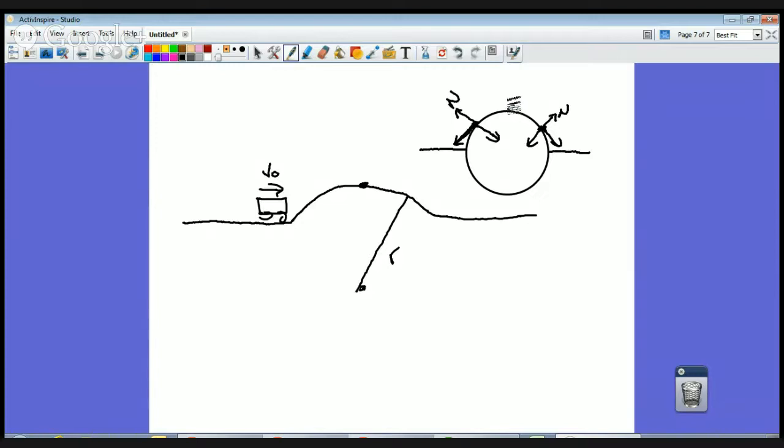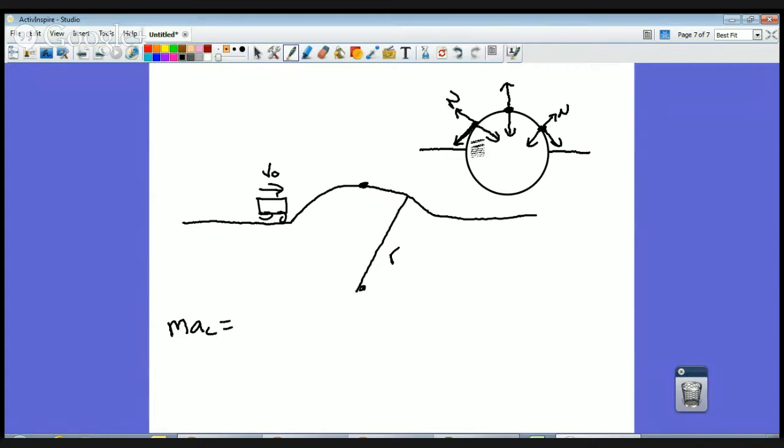But right here at the top, gravity goes straight down, right? It does not go in the direction of the road at all. And the normal force goes straight up. So you have no force tangent to the circle. So there is no tangential acceleration right here at the top. So the only acceleration is centripetal acceleration.